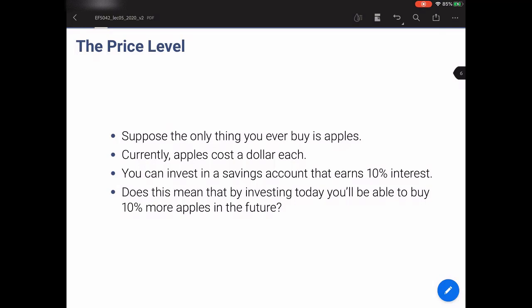You can alternatively invest in a savings account, which is your opportunity cost of 10%. I pose the question: does this mean that by investing today, you'll be able to buy 10% more apples in the future? If you've been listening carefully for the last 10 minutes, you'll realize that in general, probably no, because purchasing power will likely change if inflation or the price level changes over time.